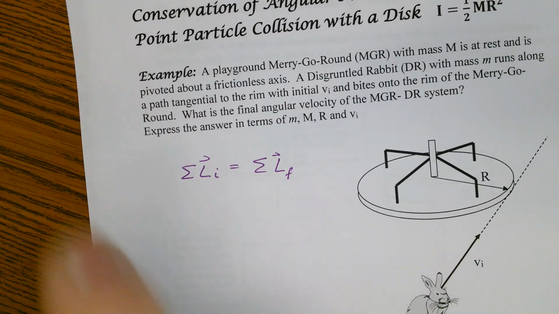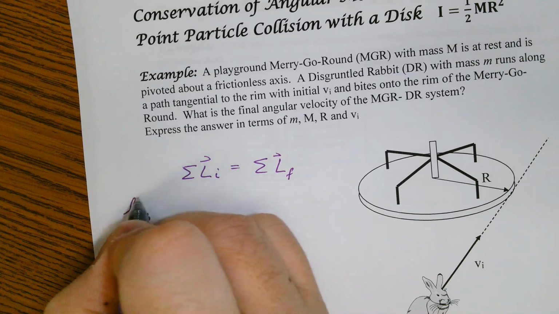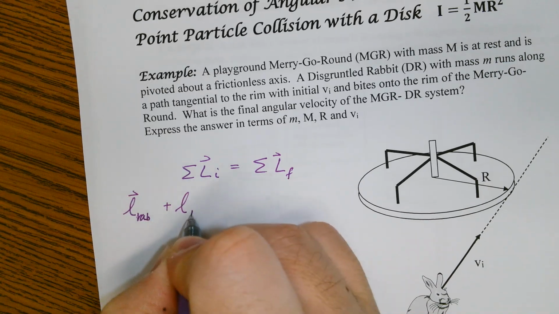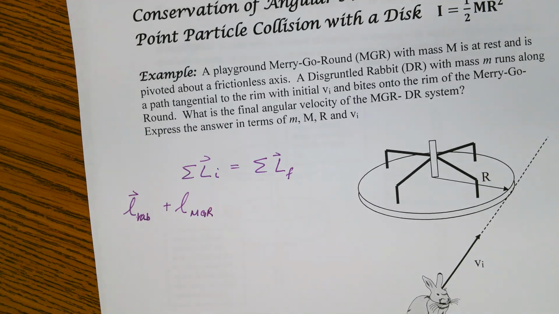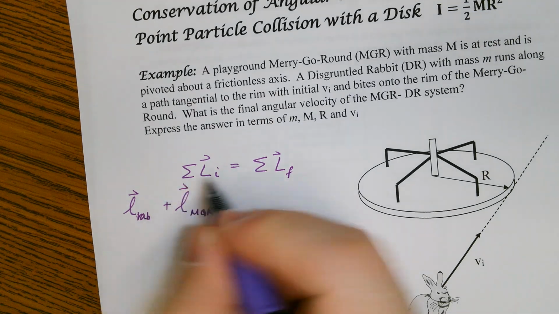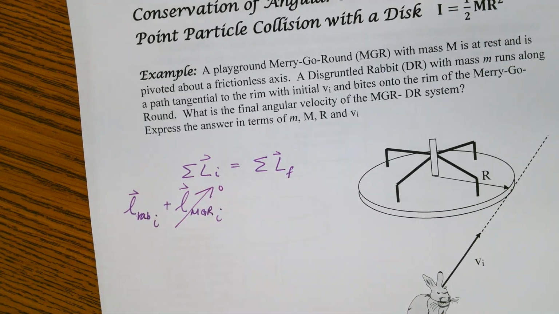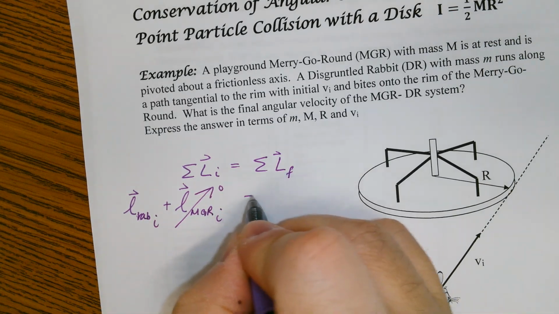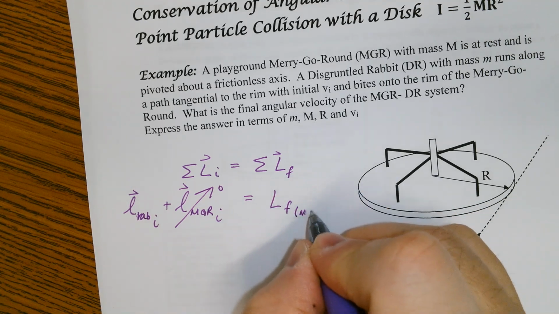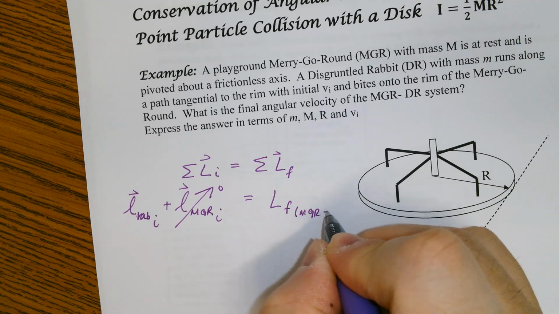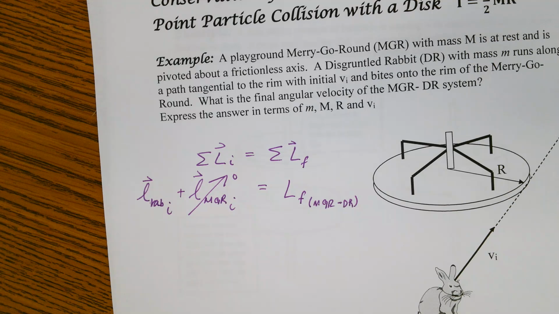So if you think about it, L rabbit plus L merry-go-round, but initially the merry-go-round goes to 0, and that is equal to L final of the merry-go-round plus rabbit system.